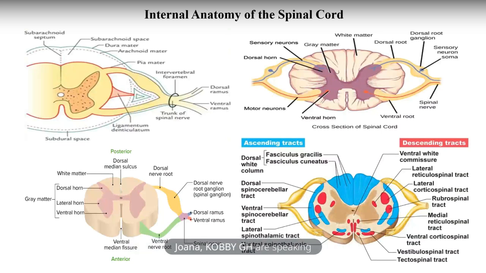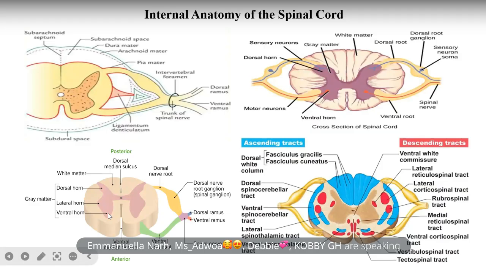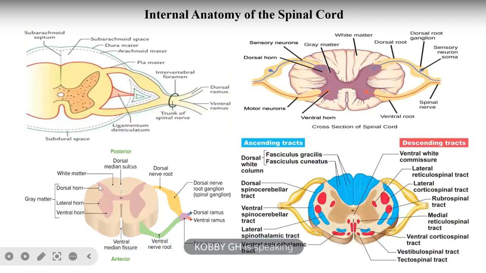And this one is called the lateral horn. So the gray matter is divided into three. We have the dorsal horn, the lateral horn, and the ventral horn. Can you see that the gray matter has three parts?